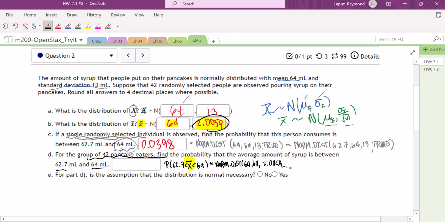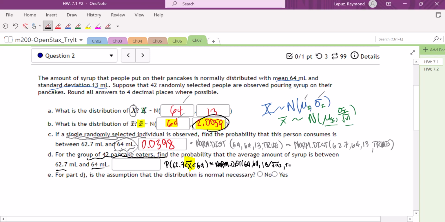and I probably don't want to just put this number rounded off to 4 decimal places. I probably want to put more here, so I'm going to rely on the command to take care of that for me, or better yet, I can just put in what that was, which is the original standard deviation divided by the square root of 42.